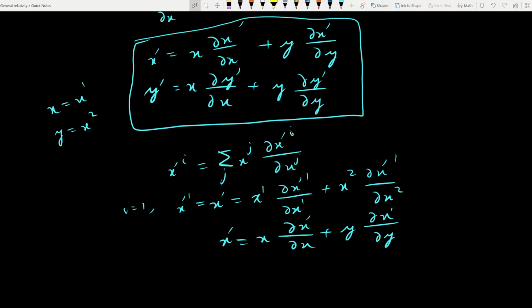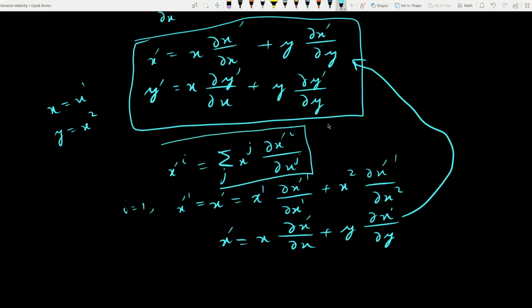So we have got back to our original equation. So we have compacted these two equations into one single equation, right?